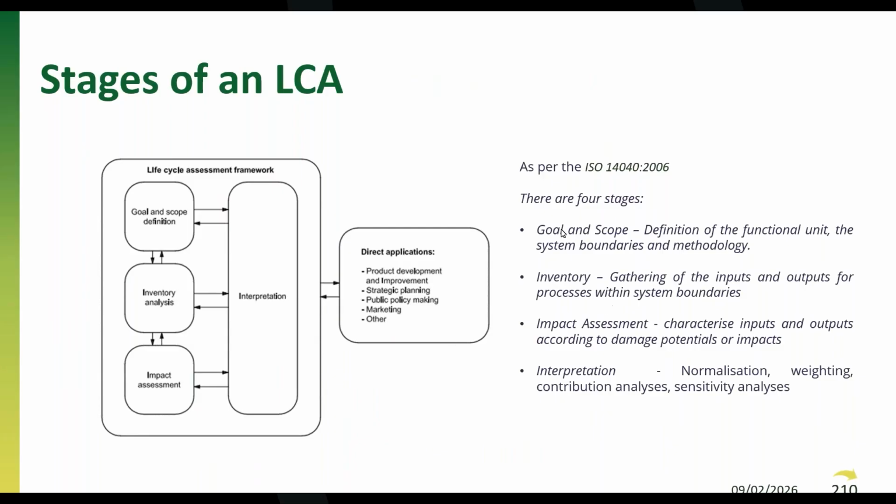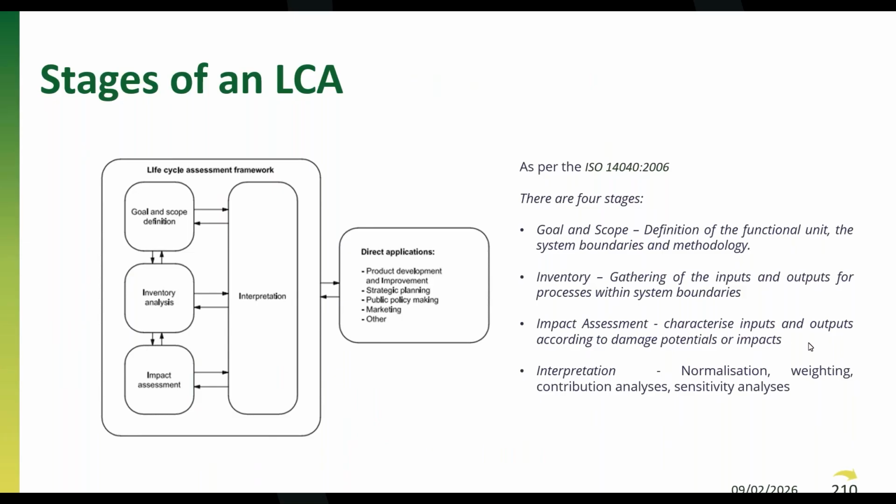So the 4 stages are: the first one, goal and scope. So we are defining the functional unit, the system boundaries, and the methodology. In the second one, the inventory, we're gathering all the inputs and outputs for the processes within the system boundaries that were defined previously. The impact assessment characterizes those inputs and outputs according to damage potential or impacts.